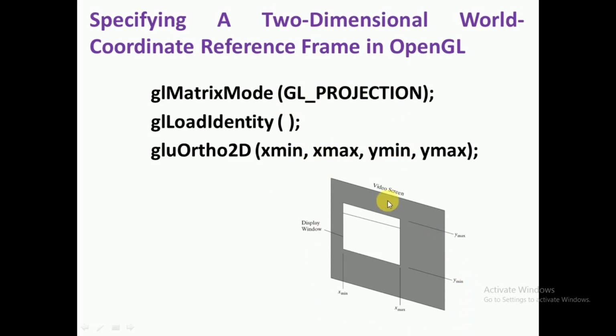This is your video screen, and on this video screen you would like to see only this part, that is the display window. That is x minimum, x maximum, y minimum, y maximum. If some object is somewhere here, it will not be seen, because you have moved the camera this side. If the object is here, it will not be seen because you have moved the camera up. Only objects available in this region you would like to see, right?